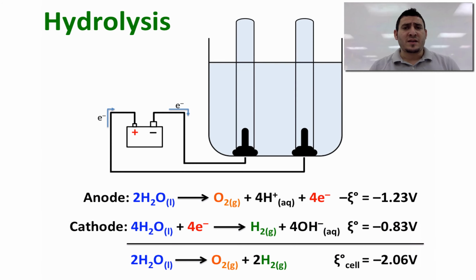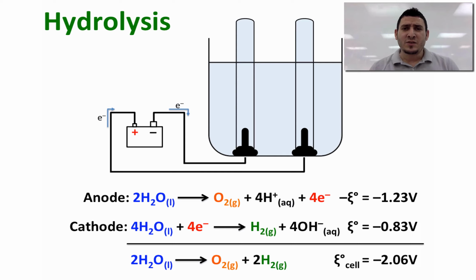Let's take another example of an electrolytic cell, which is the electrolysis of water. We know that hydrogen and oxygen will combine spontaneously to form water. The free energy released can be used in a fuel cell to produce electricity.